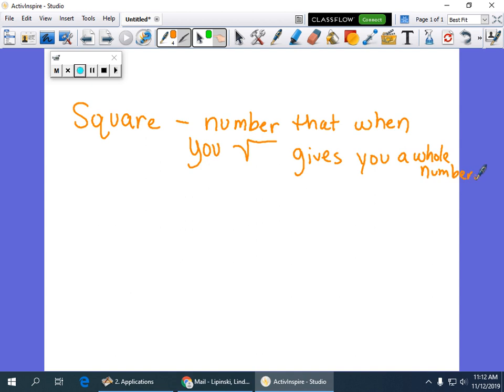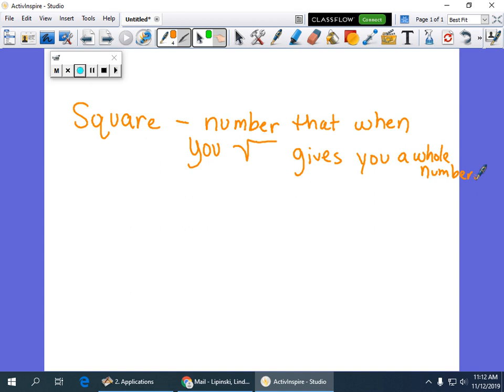Is 16 a square? Yes. Is 25 a square? Is 48? No. All right?